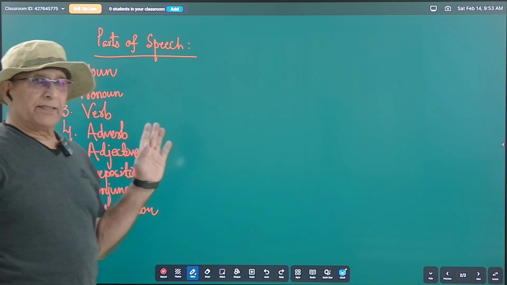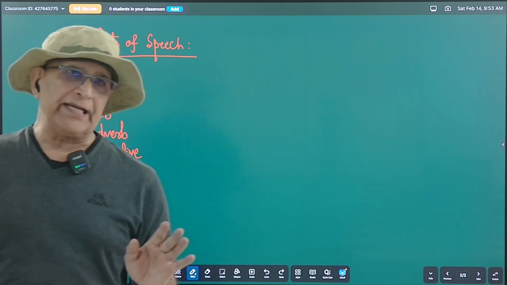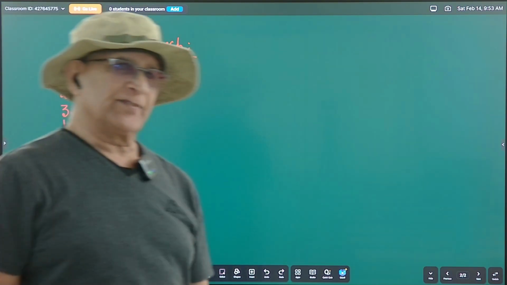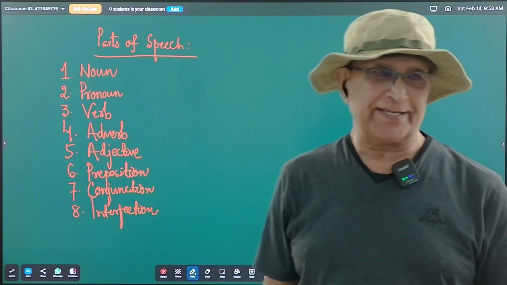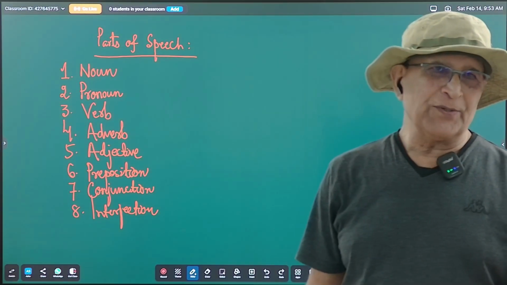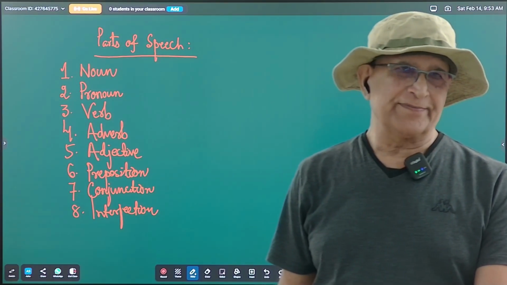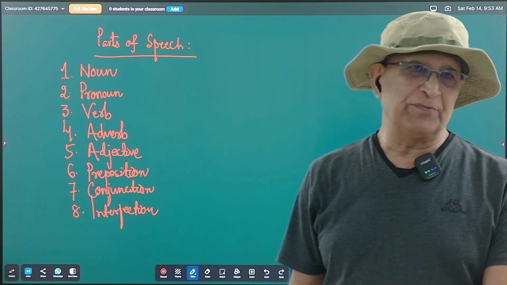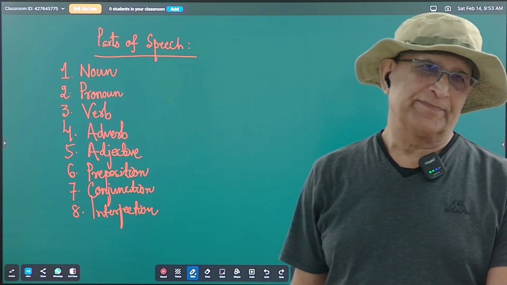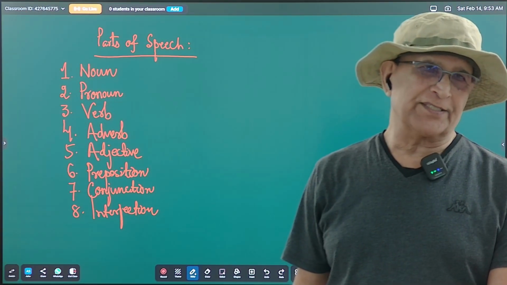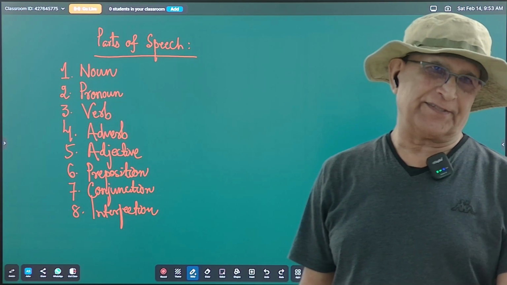As such, you can find here there are 8 parts of speech total. You can see it. Noun, pronoun, verb, adverb, adjective, preposition, conjunction, and interjection.